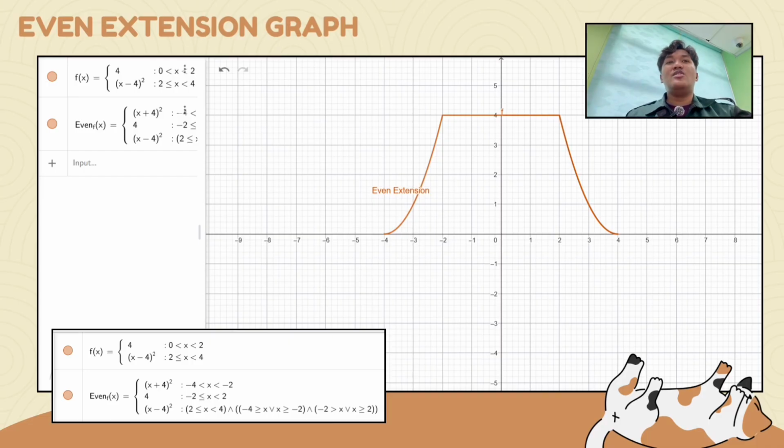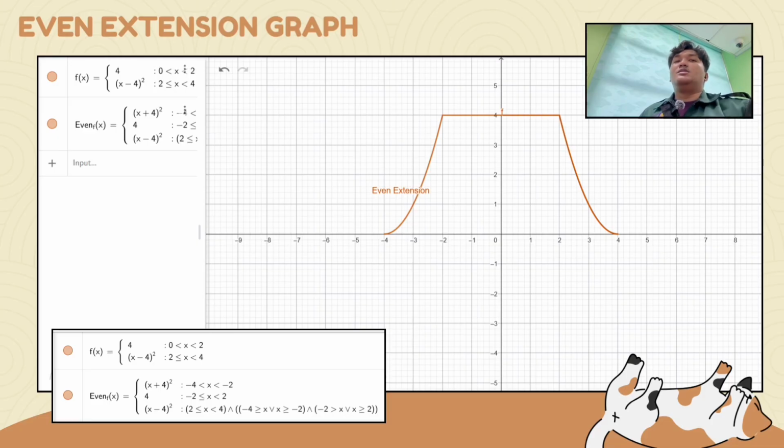For the left side, from -4 to 0, a parabolic curve starts at (-4, 0) and rises up to (-2, 4), followed by a flat horizontal line from x = -2 to x = 0 at y = 4.